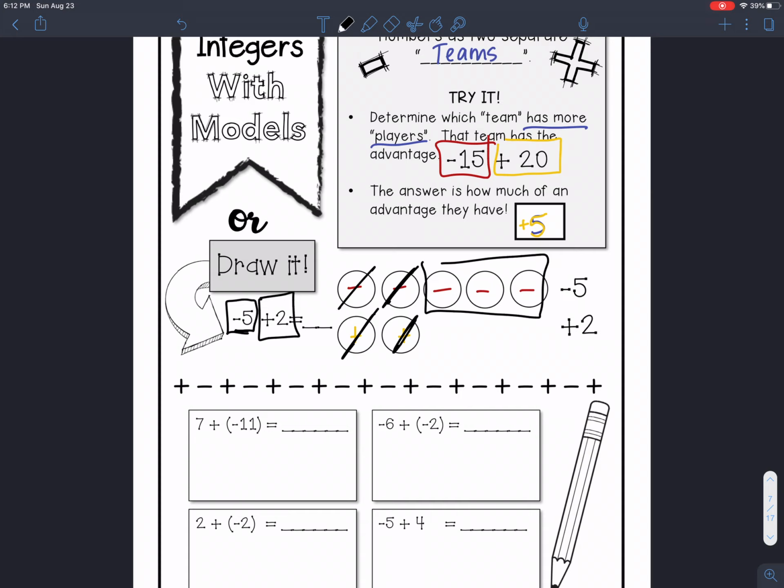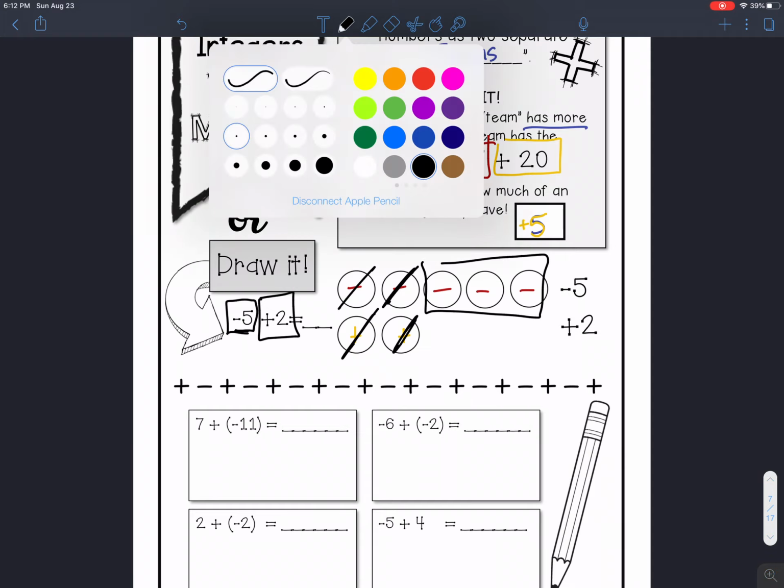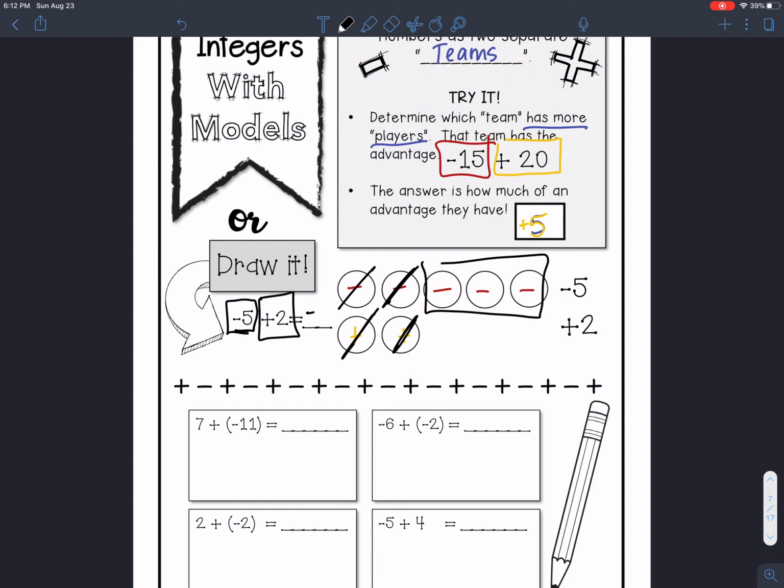We have 3 more negative players than positive players. That means that we end up with negative 3 as our answer. You do not have to draw everything I'm drawing, but make sure you are recording wherever the boxes are.